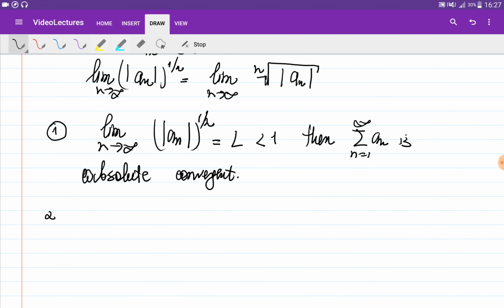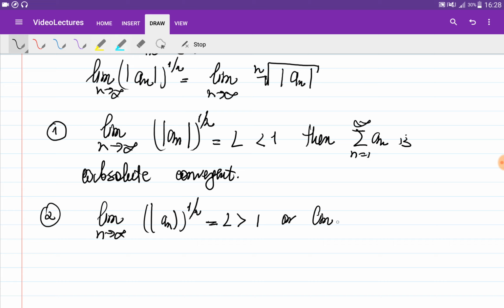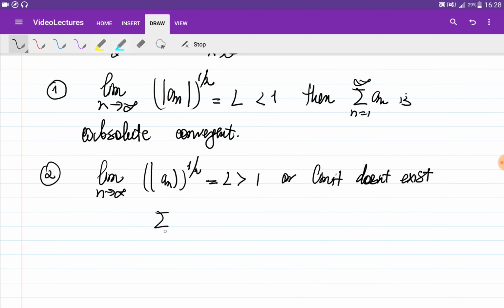The second case is where this limit exists and is equal to some finite number, but it is more than 1, or if this limit does not exist. Then in this case the series is divergent.